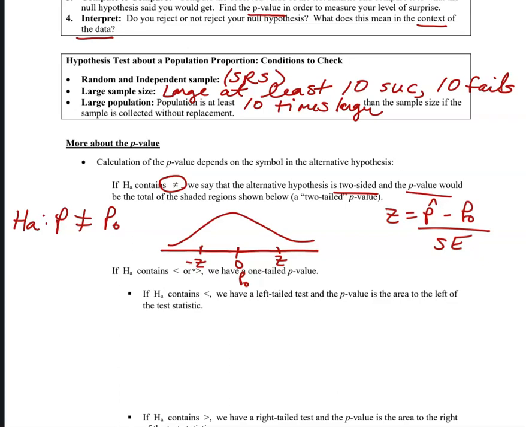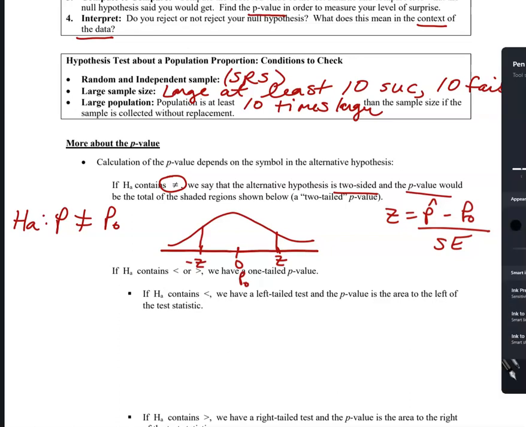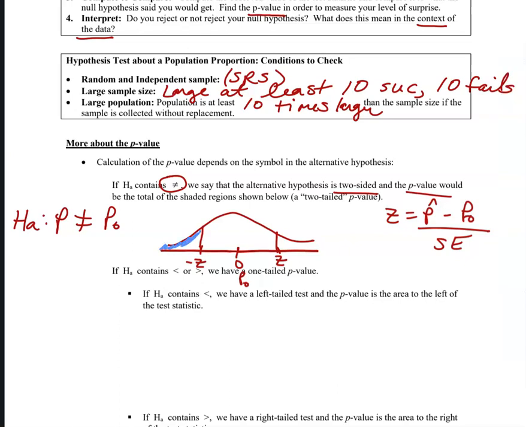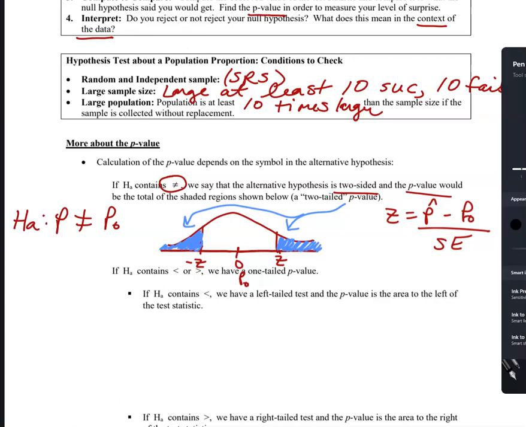And so the p-value would be the sum of these two regions in the tail. Remember that your p-values are always involving the tails. So your p-value would be the sum of this region plus this region on the other side.